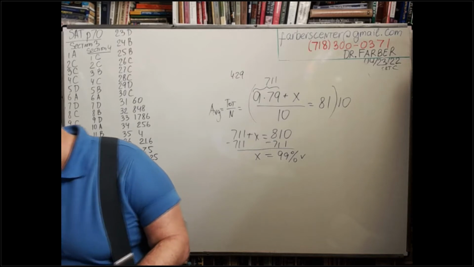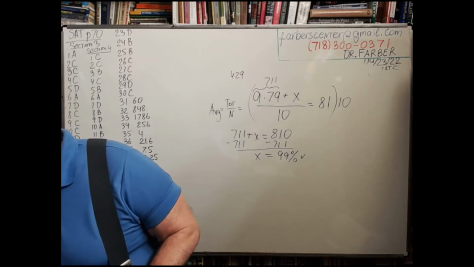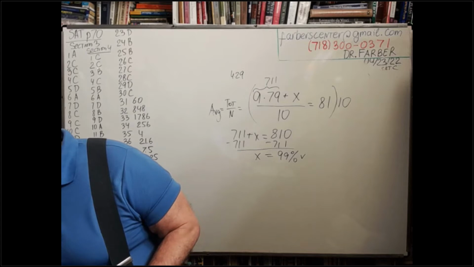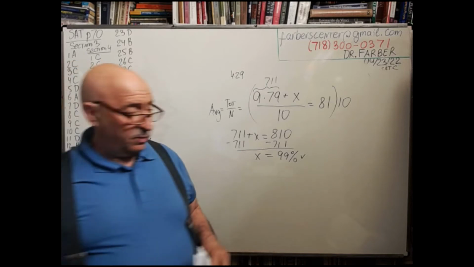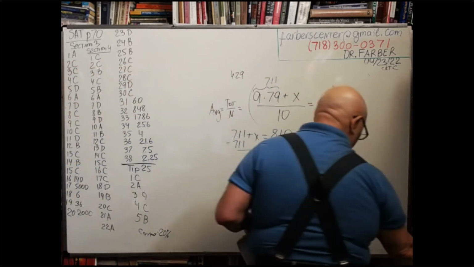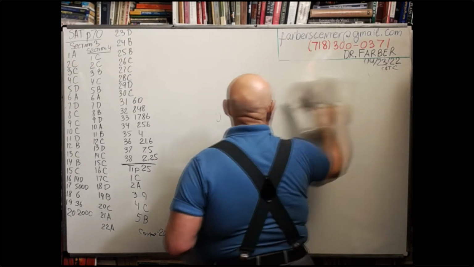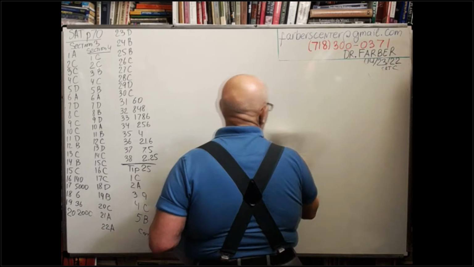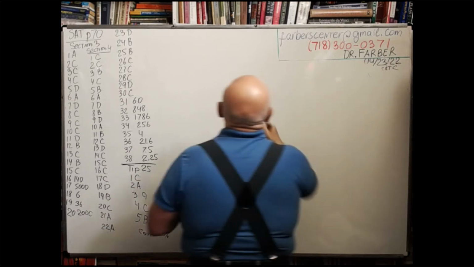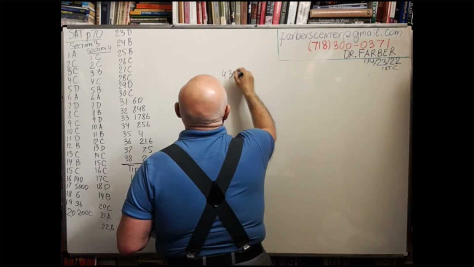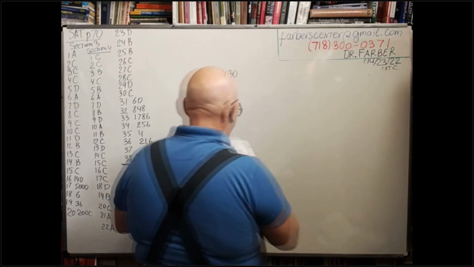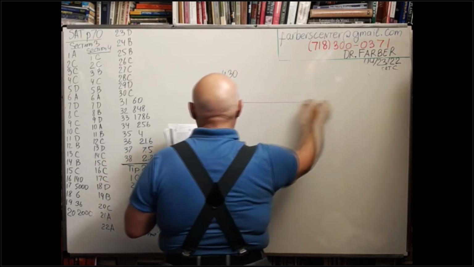Okay, the next one, 430. Again, if you're not asking me, I assume you did it correctly. In 430, we have a graph like this, like a camel.